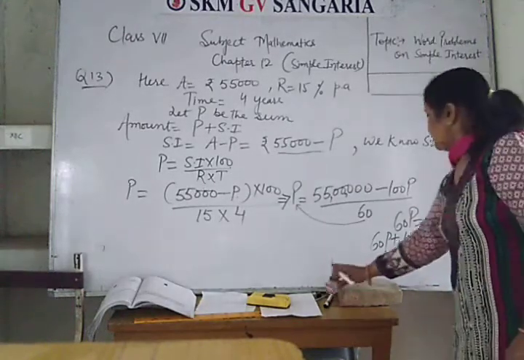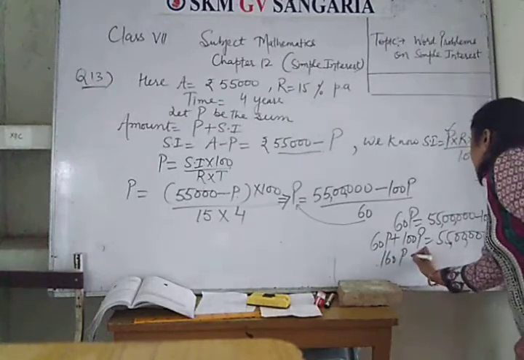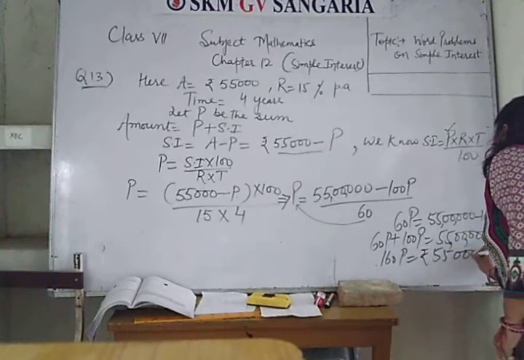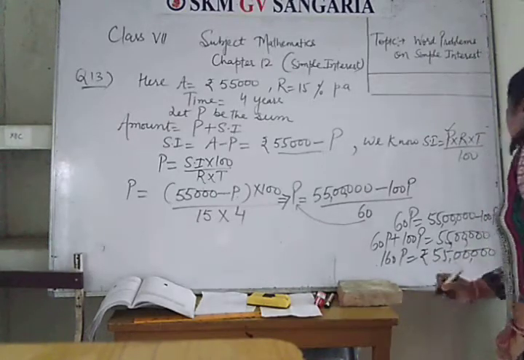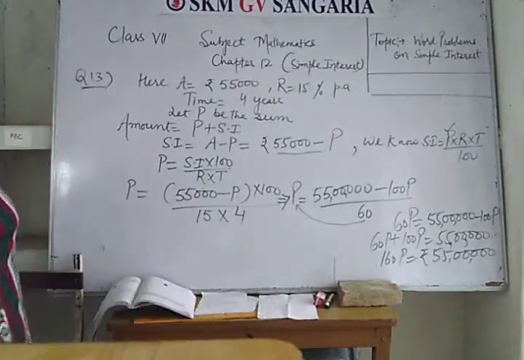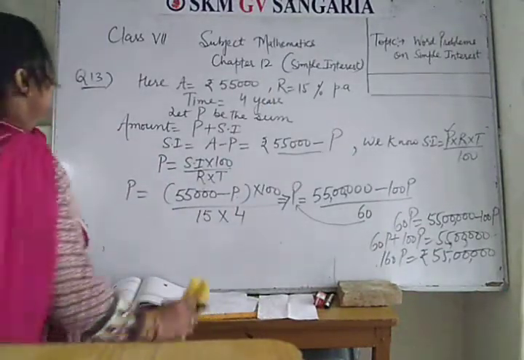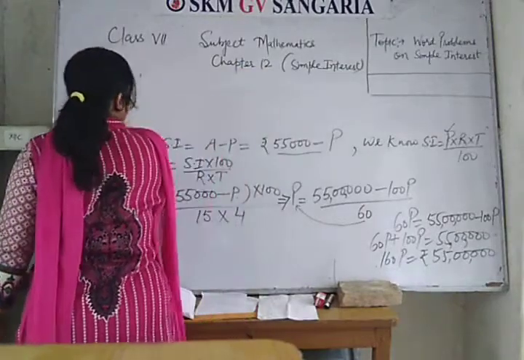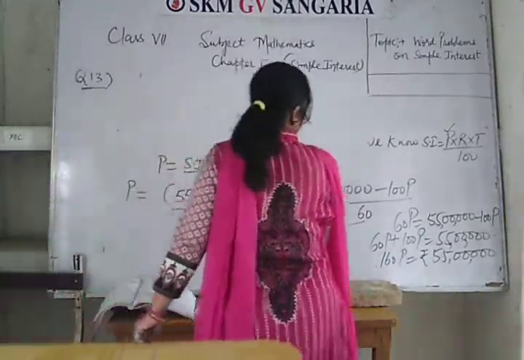Okay, so it is equal to rupees 55 lakh. Now simplify and get the value of P.